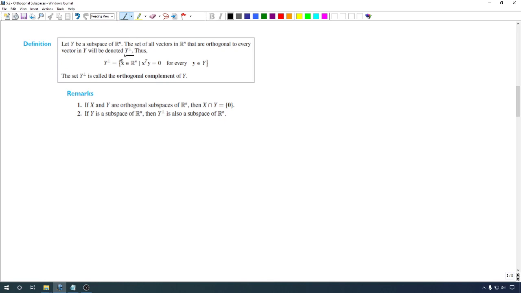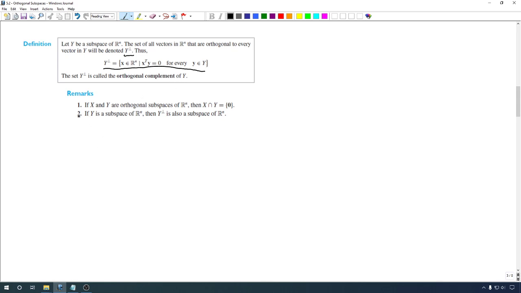Usually I'll just call that Y perp, just because it's easy to say. Then we have this long expanded form of that. It's all the x's in Rn where x transpose y is equal to 0 for every single y in capital Y. We're going to call this set the orthogonal complement of Y.